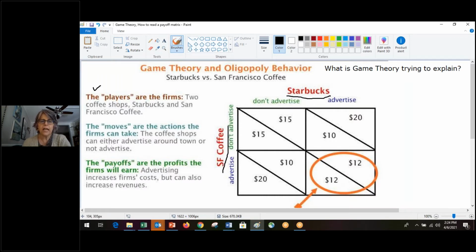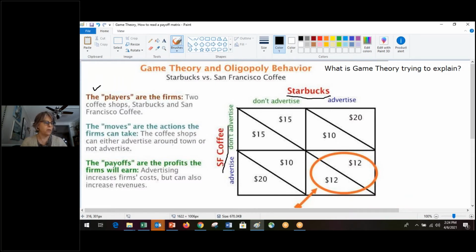And we're only looking at two choices. They're looking at, should they advertise all around town or should they not advertise all around town? You can see in this example how if Starbucks advertises and the other people don't advertise, the other people will be at a disadvantage. So this is looking at what they should do.